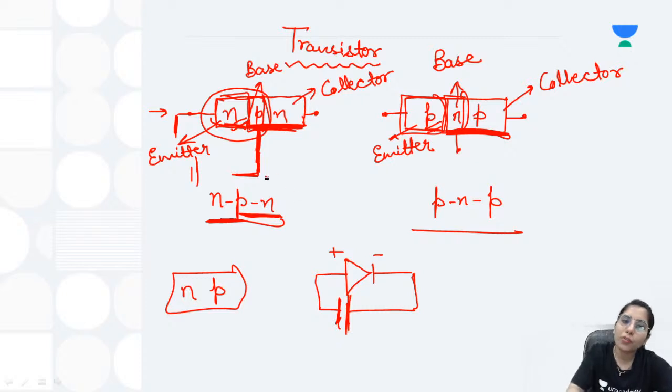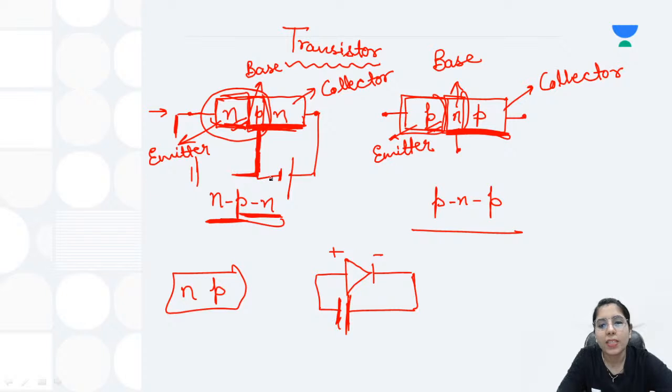So you have to connect it with the negative one, because you want it to be reverse biased. Opposite polarities in the reverse biased case, but same polarities in the forward biased case.